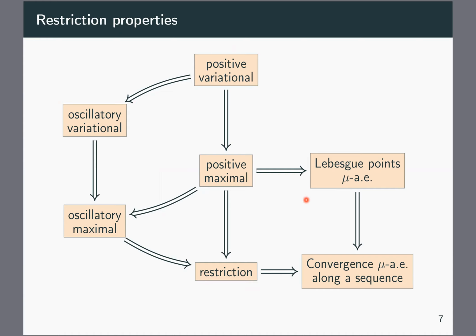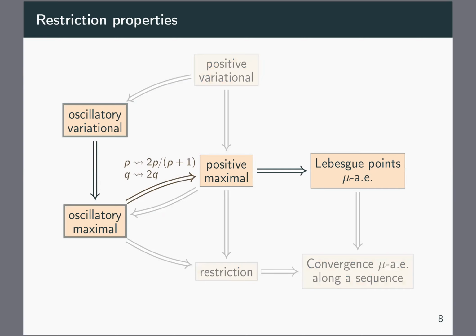We would like to prove that if a restriction theorem holds, then we can somehow recover the restriction operator from the Fourier transform by taking local averages. We would like to have an implication from restriction to Lebesgue points. At the moment there's no implication in that direction, so I will have to draw some additional arrows in my diagram.